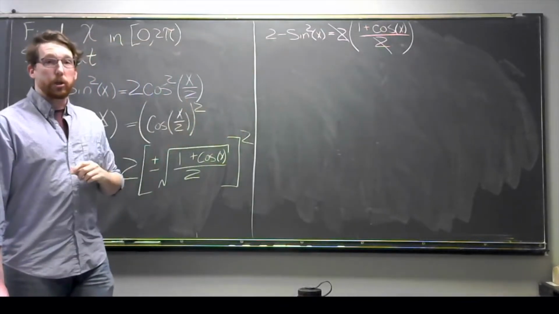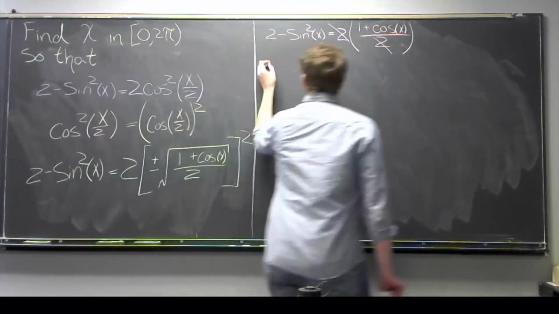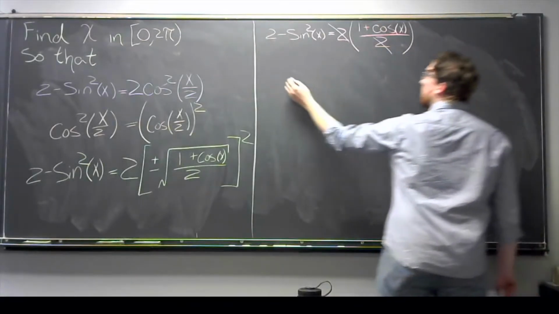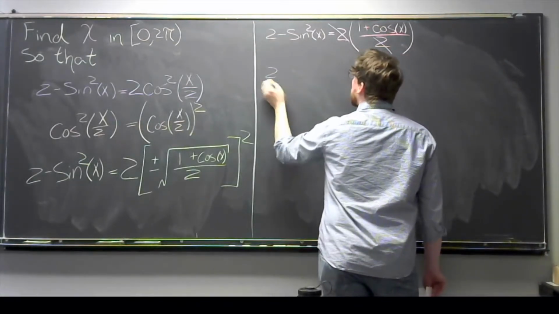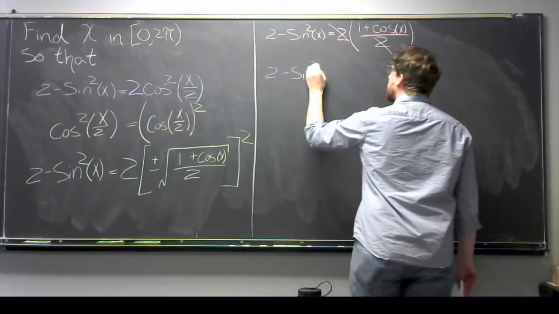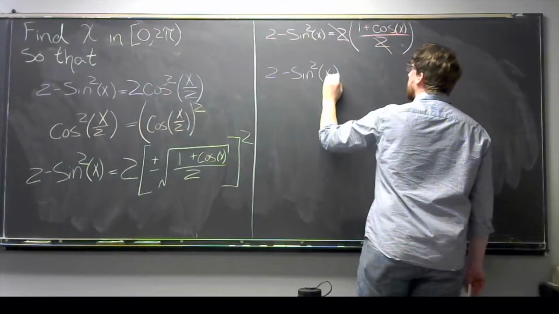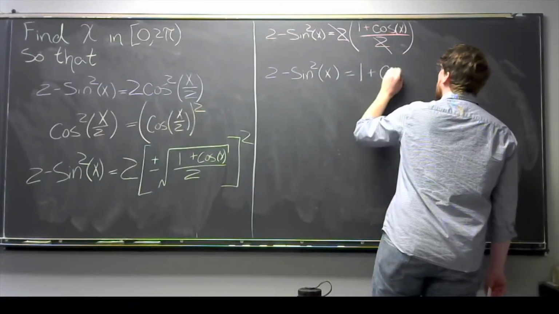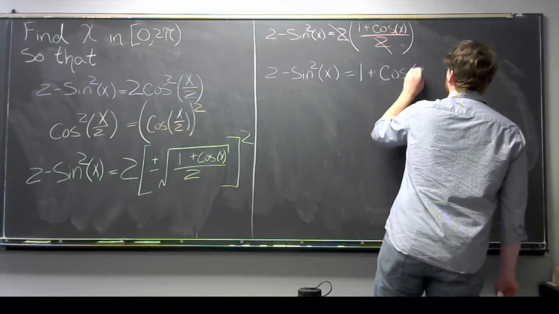And we're left with just 2 minus sine squared of x is equal to 1 plus cosine of x.